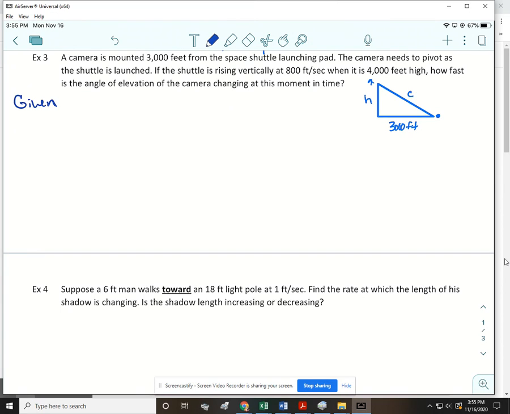We are given that dh/dt is 800 feet per second. We want to find, now this one is an angle, so we're going to use theta, d theta/dt when h equals 4,000 feet.